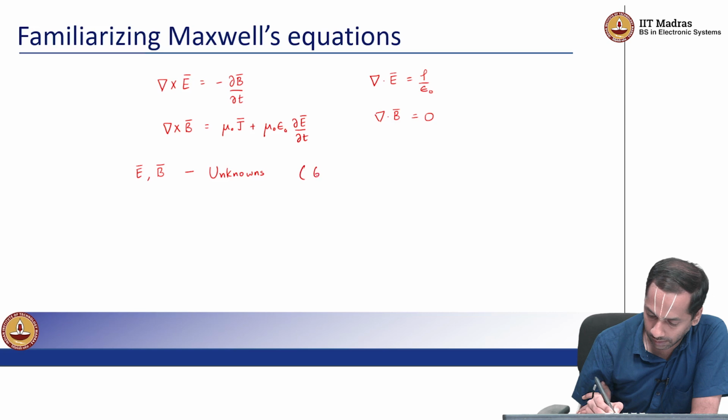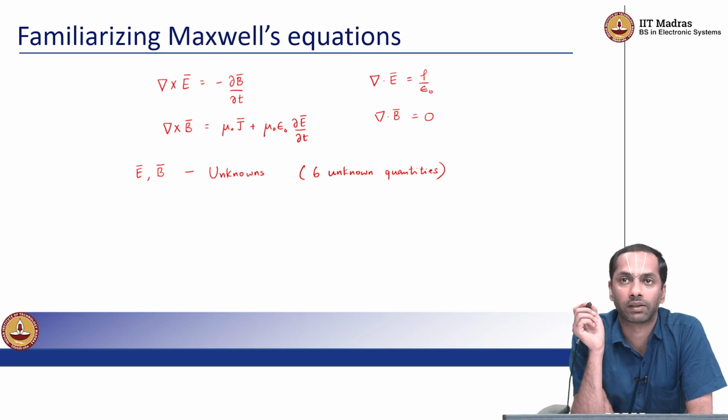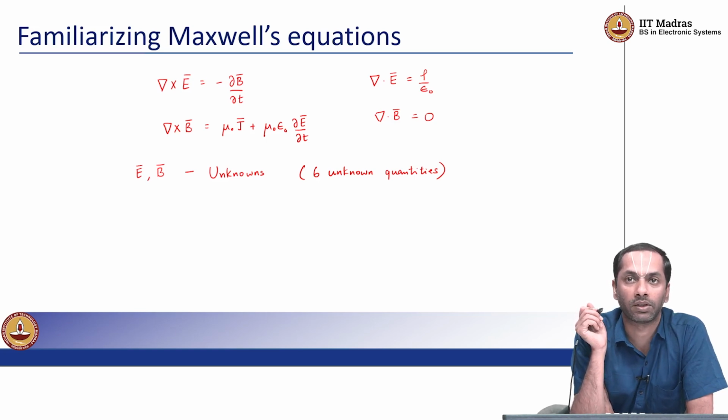So I would say, even though I say E and B as 2 vector fields that are unknown, it is essentially 6 unknown quantities, right? So individual scalar fields Ex, Ey, Ez and Bx, By, Bz are all unknowns that need to be solved in a generic problem.